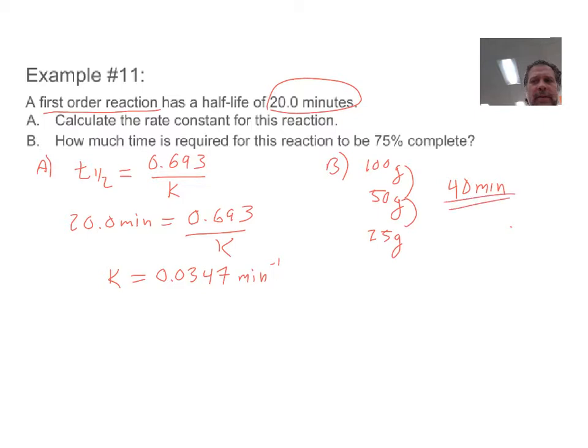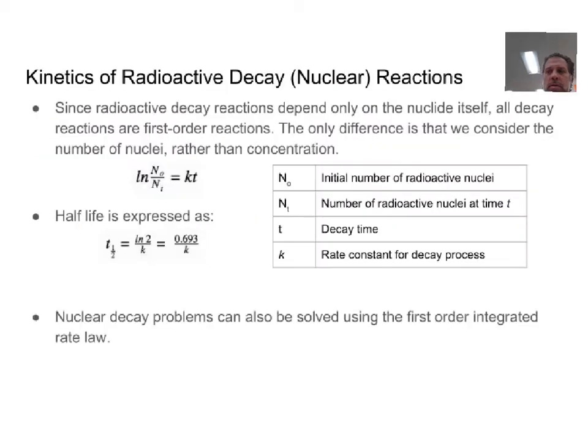The next thing we have to talk about is nuclide decay. Since we're talking about radioactive decay, it depends on the actual nuclide itself. All decay reactions are first order reactions. The only difference is that we consider the number of nuclei rather than the concentration. And there's a formula that's associated with that.